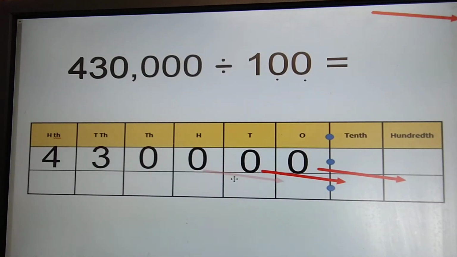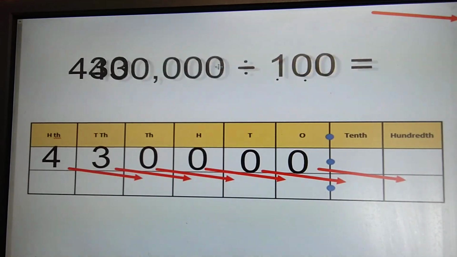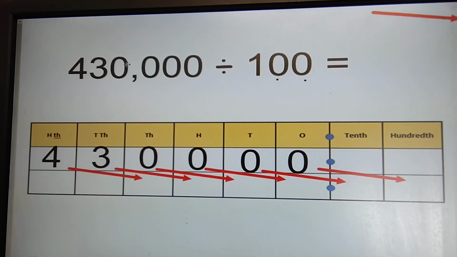Remembering, when we divide, our digits always move to the right. Okay, lots of arrows to go on here, and then all of those digits are going to move 2 places to the right. So you might be able to see what we're going to end up with. So just have a think, what number are we going to end up with when I move all of these digits 2 places to the right?